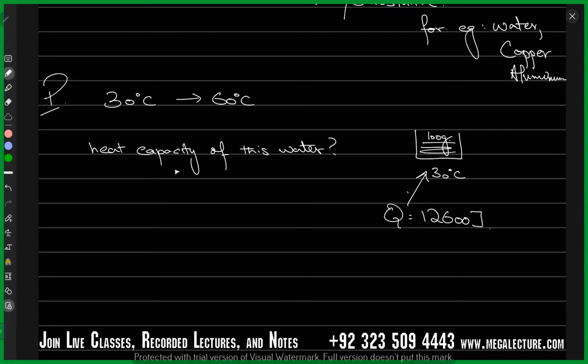Using the formula. Okay, using the formula it's simple, but does the formula make sense? Do you understand why C is equal to Q by change in temperature, change in theta? One thing you can say is, oh, it's the formula, I just put in the values and calculate the answer.